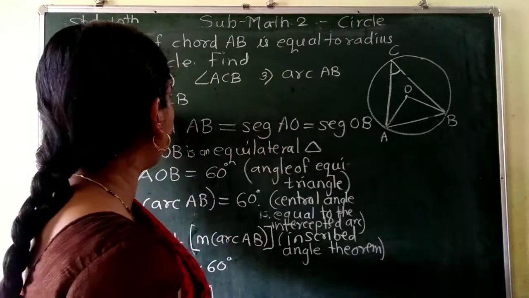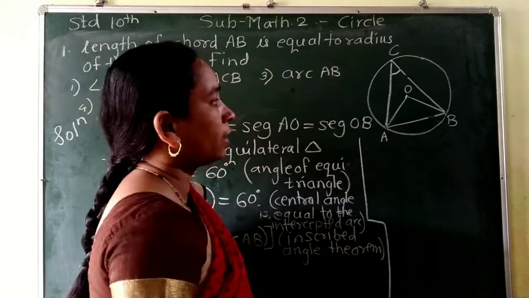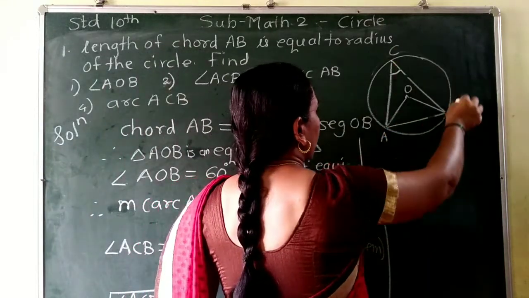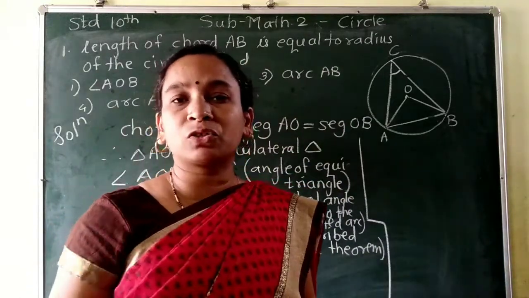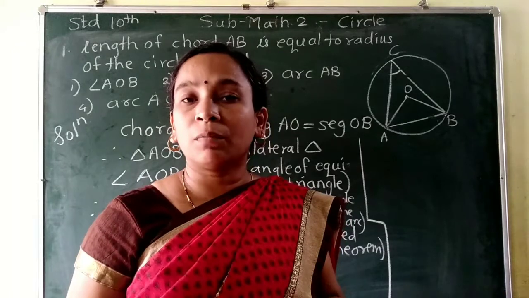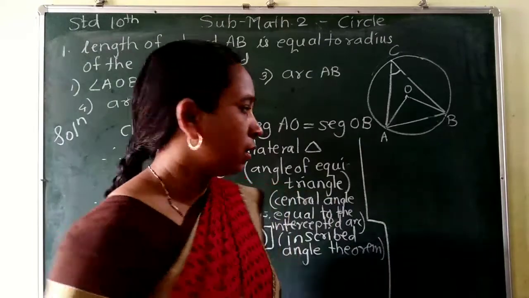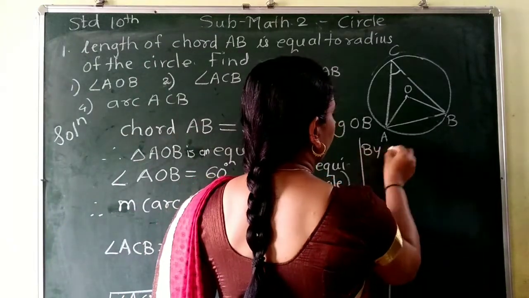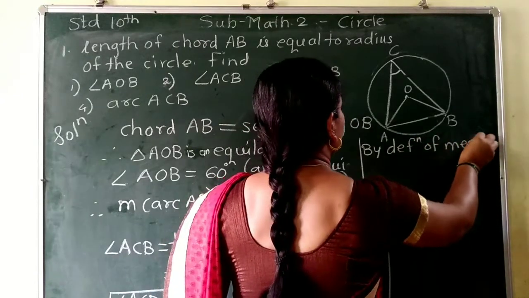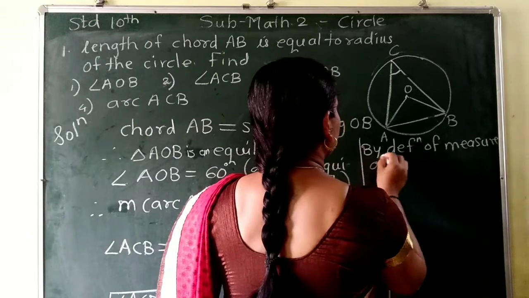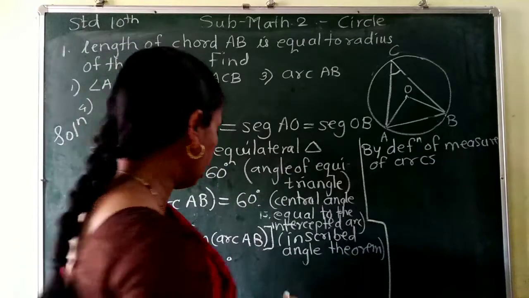Now we will go to find out the arc ACB. Arc ACB means this is the major arc. And we know the definition of the measure of an arc, that the sum of the measures of all arcs of the same circle is nothing but 360 degrees. So by definition of measure of arc, their addition is 360 degrees.